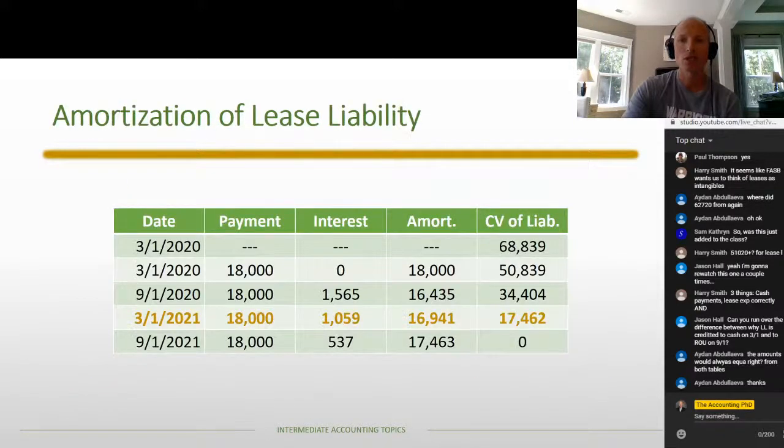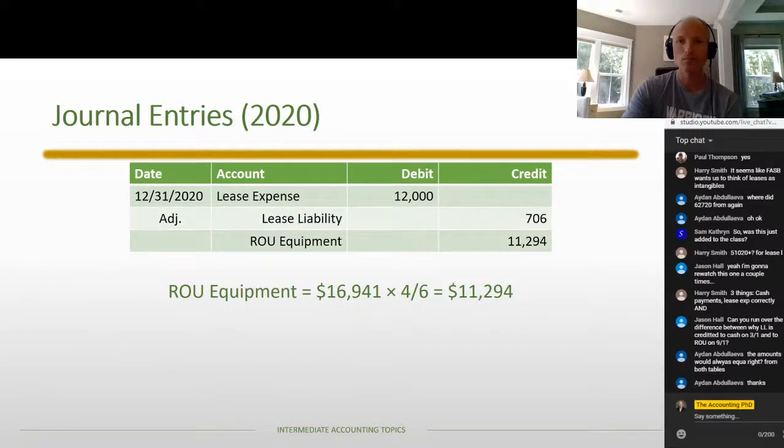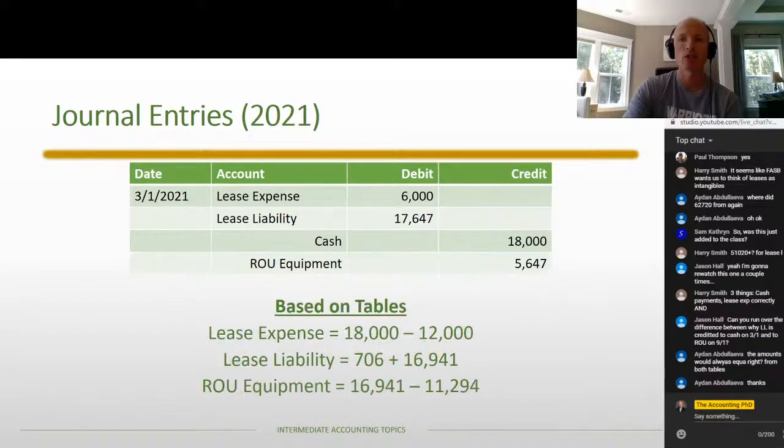We had previously amortized $11,294 on December 31st, 2020. So the remaining amount to amortize is the difference between the two, $5,647.